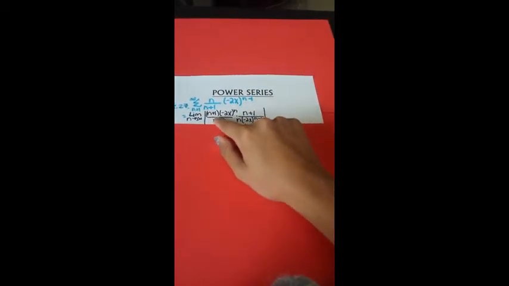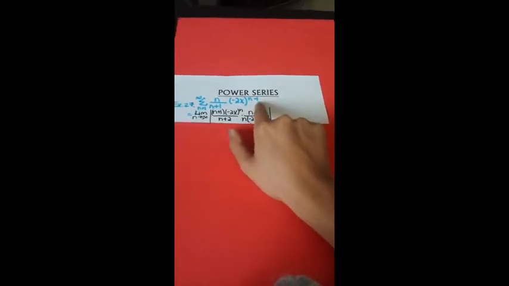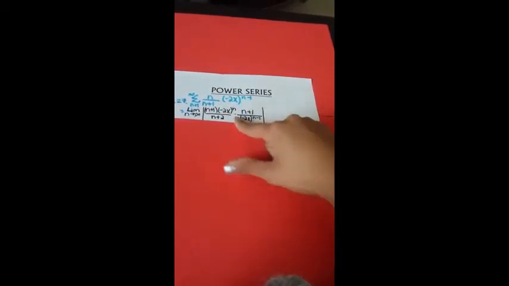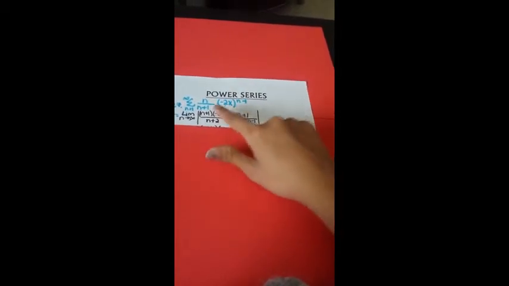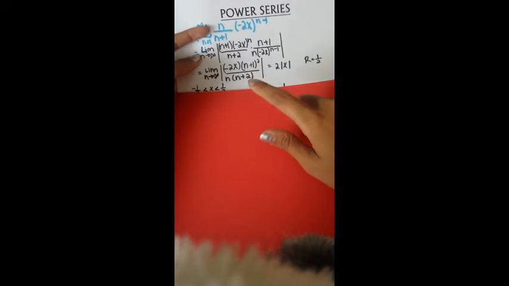So here we have n plus 1 times negative 2x to the n, and n minus 1 plus 1 is n plus 0, which is right here, over n plus 2. And then the reciprocal of what we're given here. So that's it. Next, we cross things out, right?